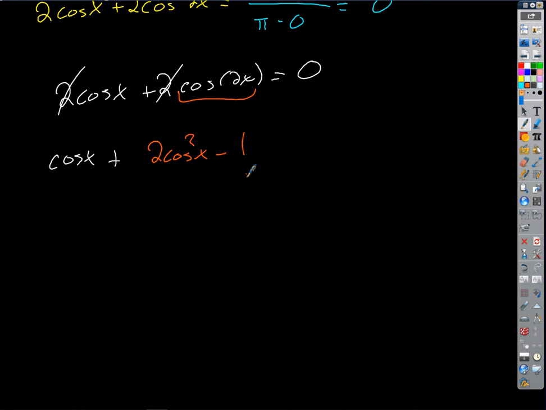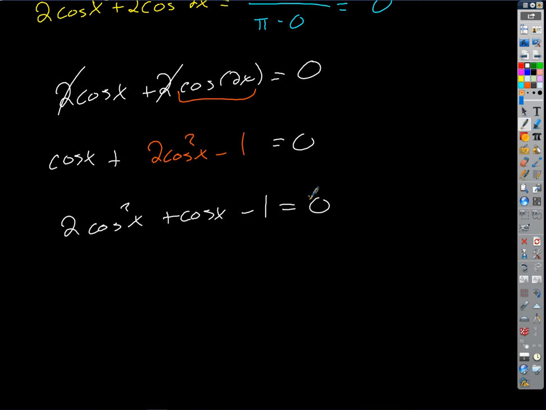And that's all equal to 0. So what's that give us? Well, that gives us a trig equation, but I've got all cosines in it, and the angles are all x's. That's good, right? So I get 2 cosine squared x plus cosine x minus 1 equals 0.